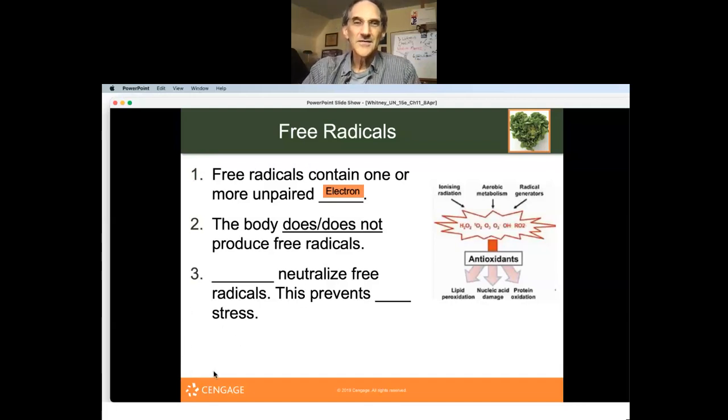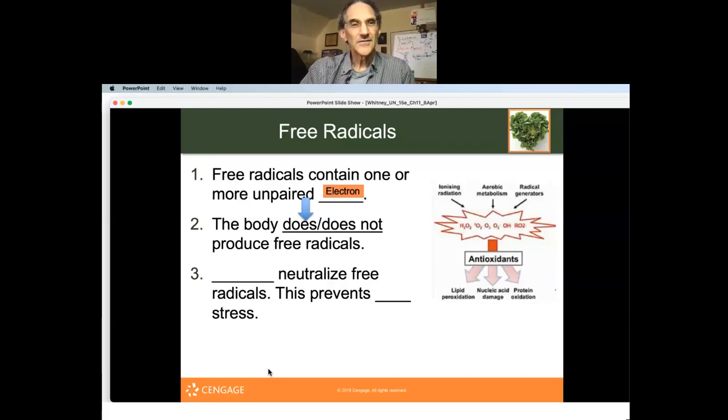Does the body produce free radicals? Well, yes, indeed, it does. And that's what we need these antioxidants for. We need them around always because in our normal metabolism, we do produce a certain amount of free radicals.